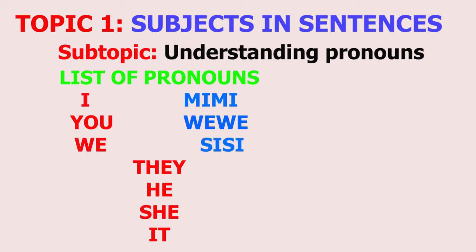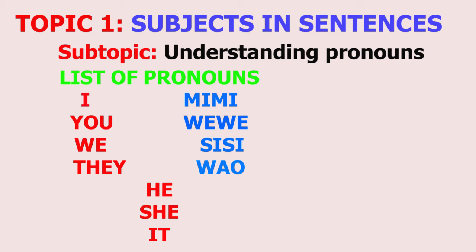So if you are saying we in Swahili, it will be sisi. Then we have another pronoun, which is they. They in the Swahili language we say wao. They means wao.